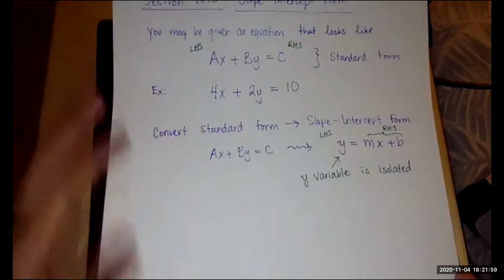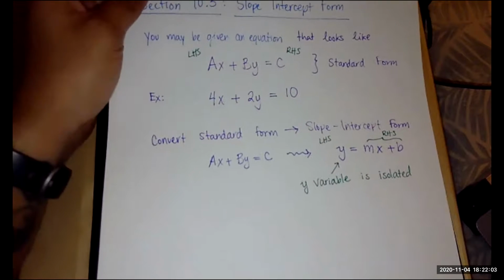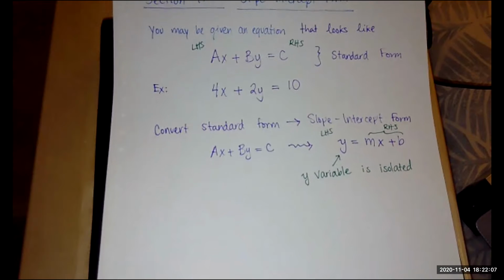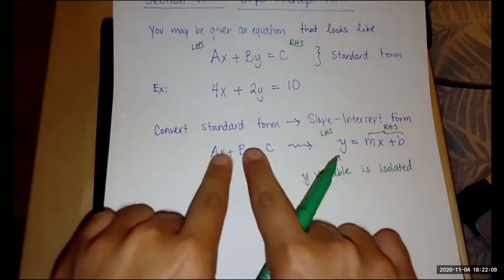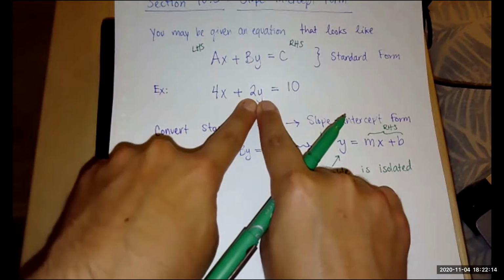There may be situations where it will be easier to answer the questions you'll be confronted with in Hawks if you rewrite your equation so that you isolate the variable y.